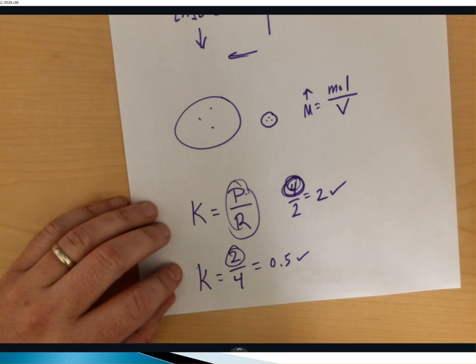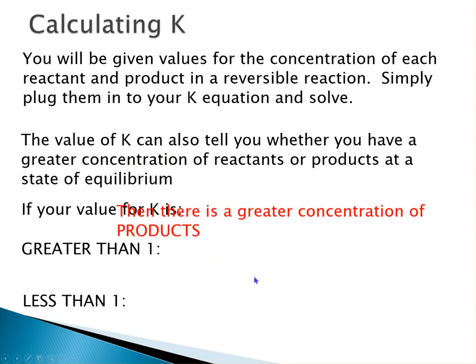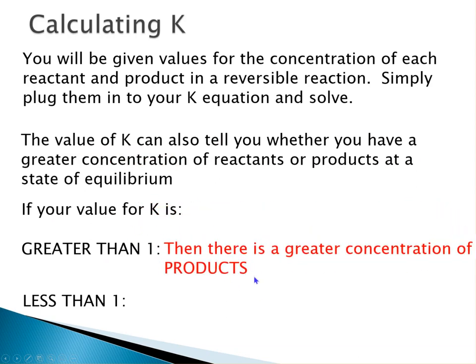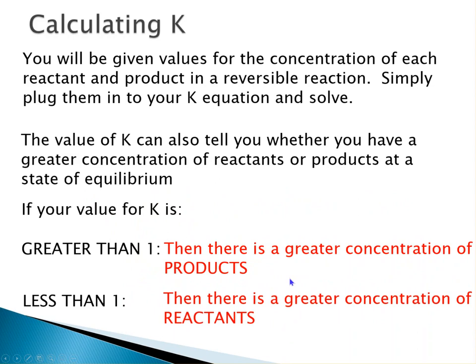So essentially, if the answer you get for K is greater than 1, that means you'll have a greater concentration of products at equilibrium. And if it's less than 1, you'll have a greater concentration of reactants.